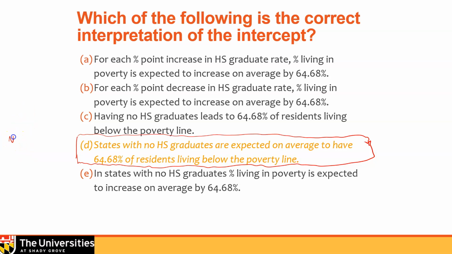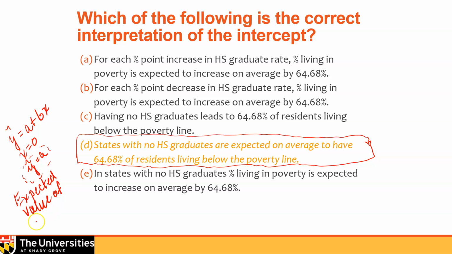When we have a y hat equal to a plus bx, and so when x is equal to 0, we have that y hat is equal to a. This y hat value tells us what is called the expected value of the output.